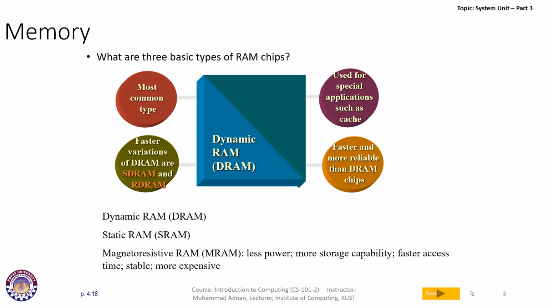But it is fast and expensive, so you should make a trade-off between your budget and the memory that you are using. The third type of RAM is called magneto-resistive RAM or MRAM. It requires less power, has more storage capacity, faster access time, is stable, and is more expensive. So it's up to you.